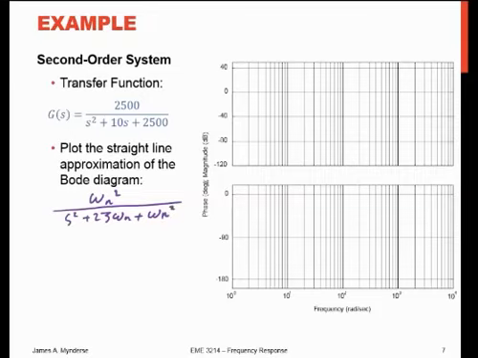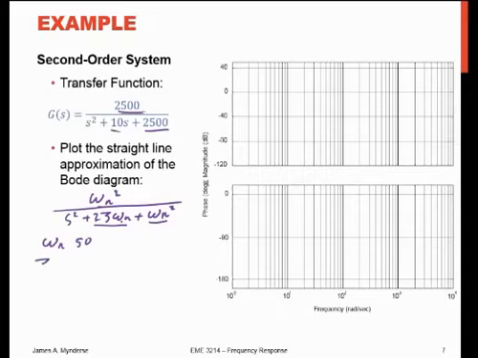omega n squared, okay? Well, I can see that omega n squared is 2,500, so that works out quite nicely. It gives me an omega n of 50. From 2 zeta omega n, I know the 2, I know omega n, I don't know zeta, but I know that they all equal 10.